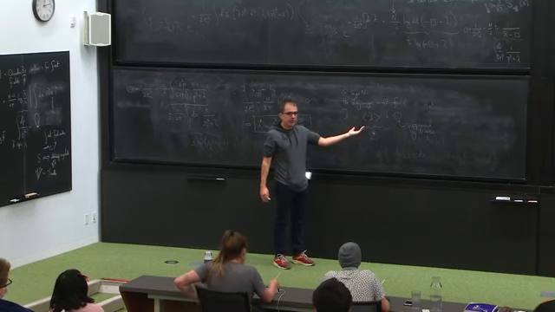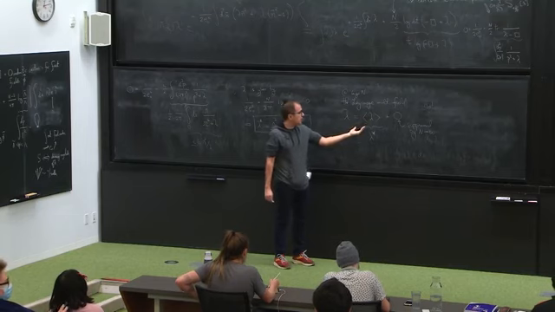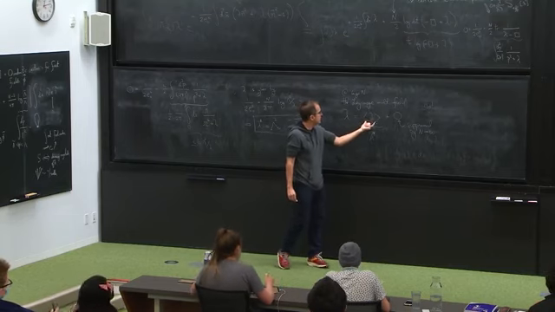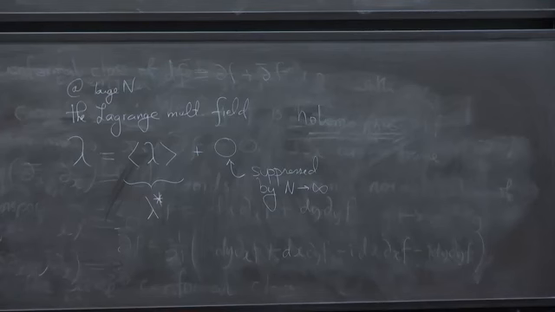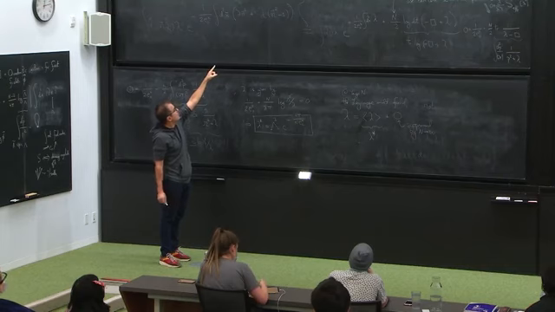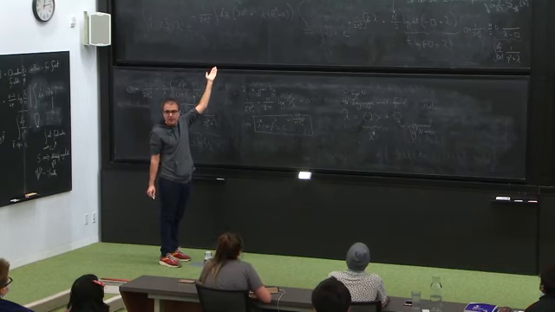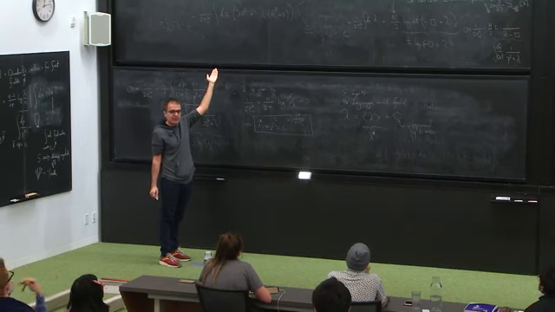As Charlie is pointing out, if I go back to my action, I can think that lambda there is not moving much. It's fixed to that constant. But as we said before, if I put that lambda to a constant, I should call it m squared. If I have a quadratic field, what multiplies the n squared is the mass squared.